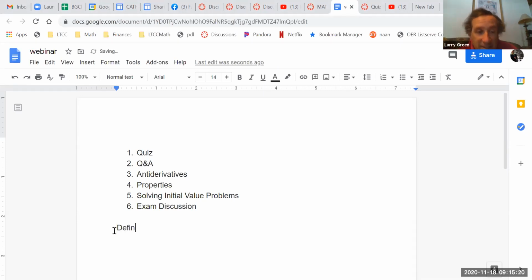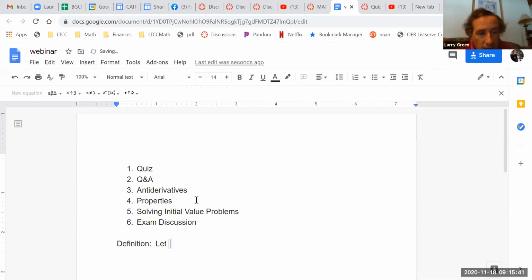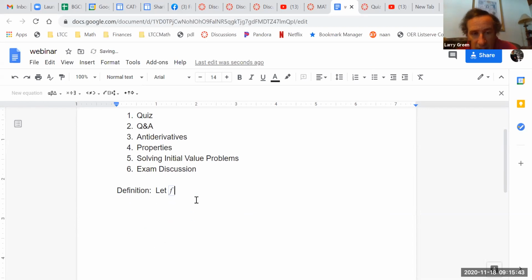This is a definition, and it says the following. Let f prime of x equal capital F of x.